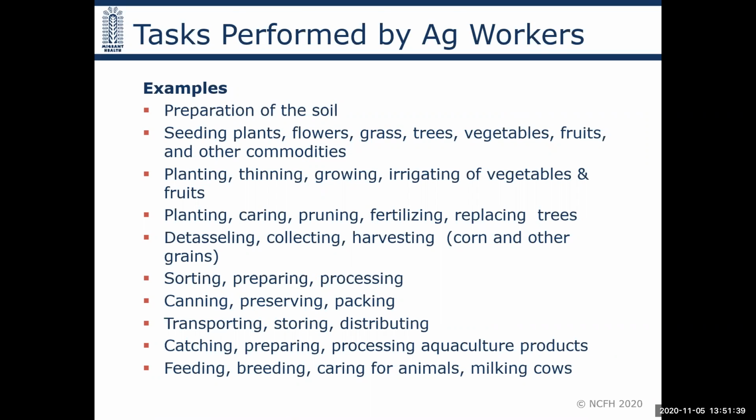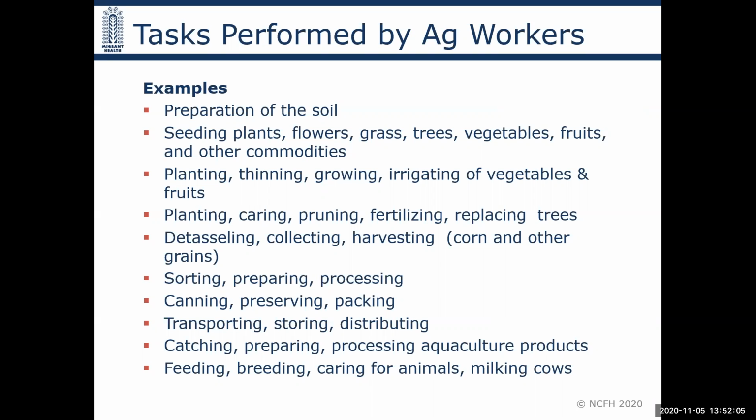So these are some examples of tasks performed by ag workers. And it's important to be aware of these tasks because ag workers often will not self-identify as migratory or seasonal agricultural workers when they come into your health center. So it's important for us to be aware of the tasks. So when they describe what they do, you can ask more questions and find out if they're a migratory or seasonal ag worker.